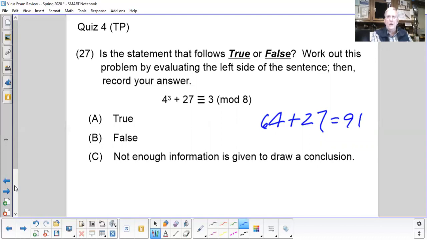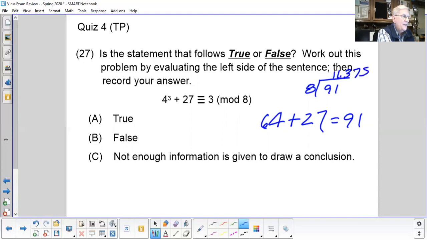Is 91 equal to 3 mod 8? To determine whether it is or not, I divide by the mod number. So I take 8 and I divide it into 91. If I take my calculator and take 91 and divide it by 8, I obtain 11.375.